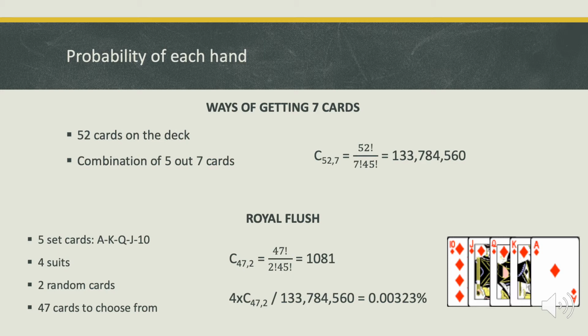Considering that we have 4 different suits, there are 4 different permutations. So 4 times 1,081 divided by our number of total combinations that we calculated just a minute ago, we get a percentage of 0.00323%, which is a really low probability of actually getting a royal flush.